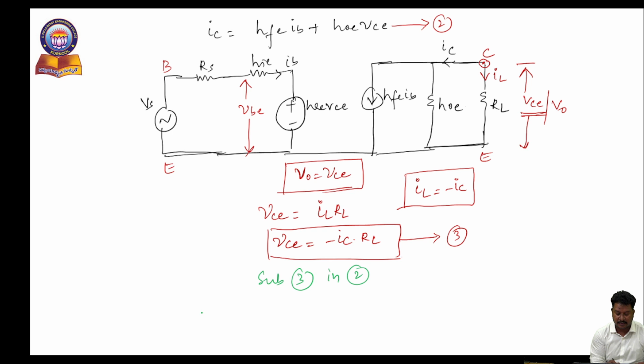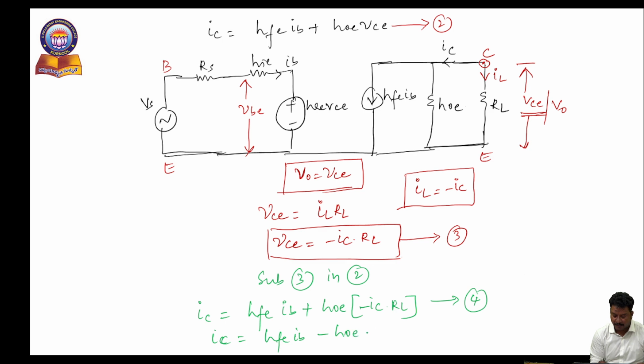After substituting, the resultant equation of equation 2: IC is equal to HFE IB plus HOE, in the place of VC I have to substitute the third equation, minus IC into RL. This is equation 4. Now IC is equal to HFE IB minus HOE IC into RL.